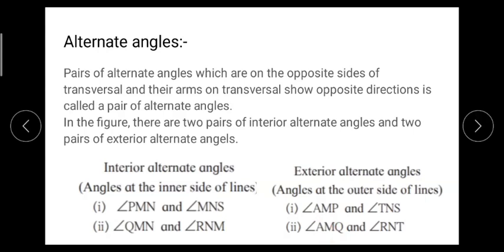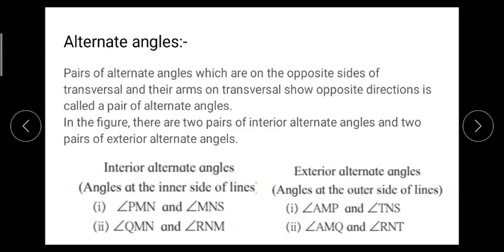Understood, students? Which points you have to write down? Parallel lines, transversal, and angles made by a transversal. Everything is there in your textbook on page number 7 and page number 8. This one you are going to write in your notebook.